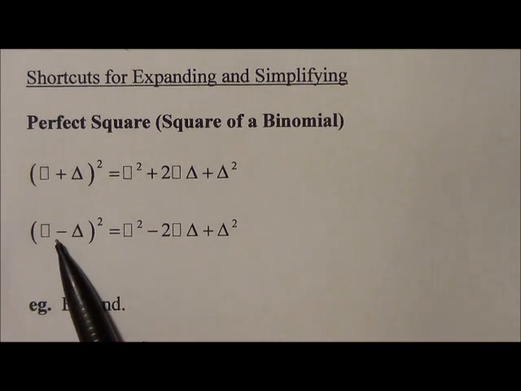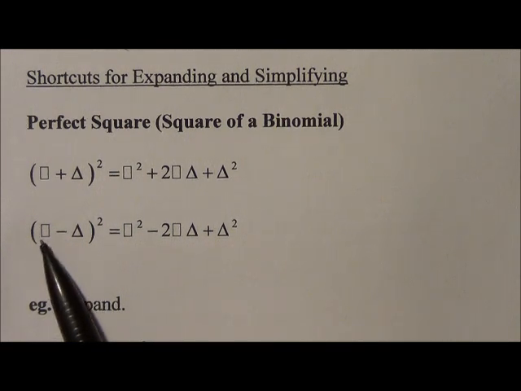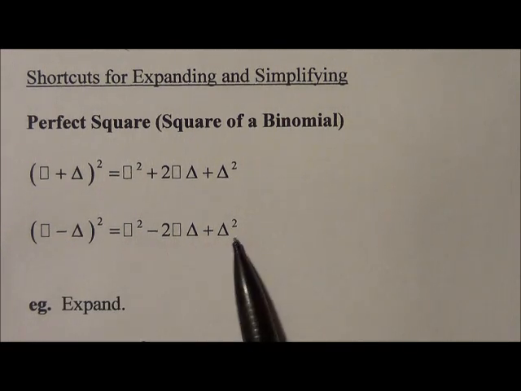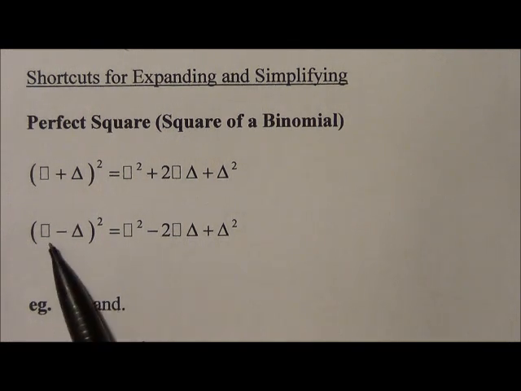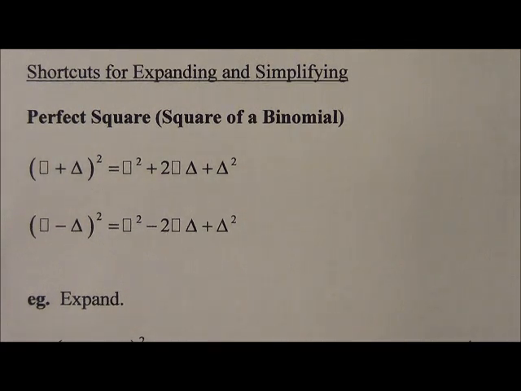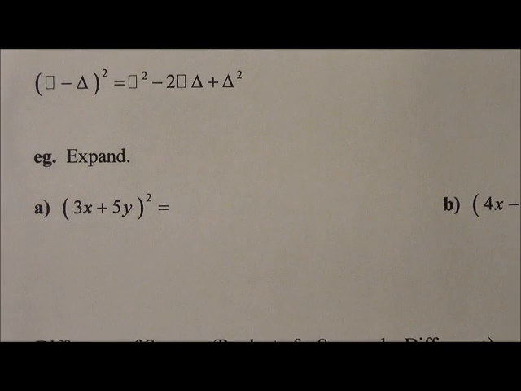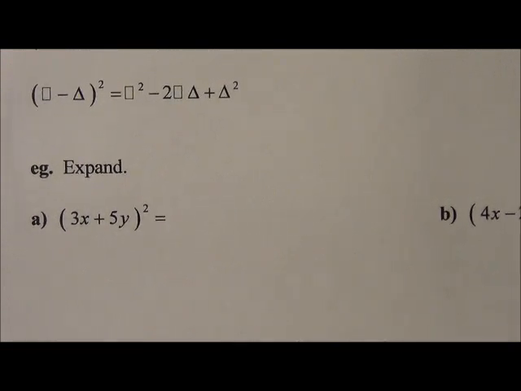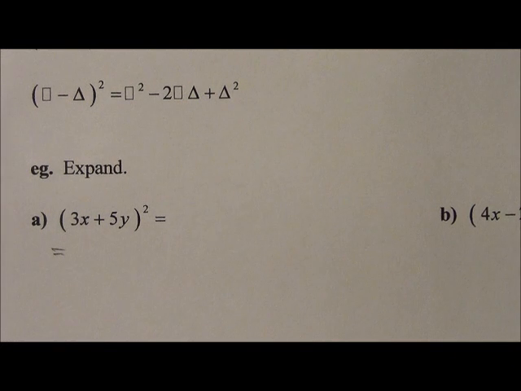And then if it's a difference of terms, it'll be the square of the first term plus the square of the second term minus 2 times the product of the two terms that are originally given. Okay, so you can expand that out if you like, that's no problem. But if you see that, you can just go ahead and apply this shortcut. Okay, so go ahead and pause, please.